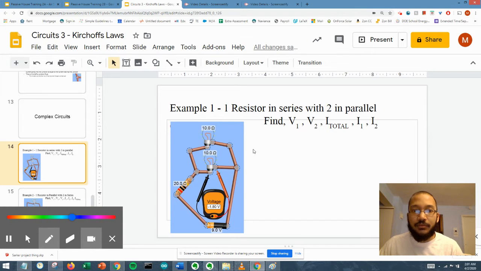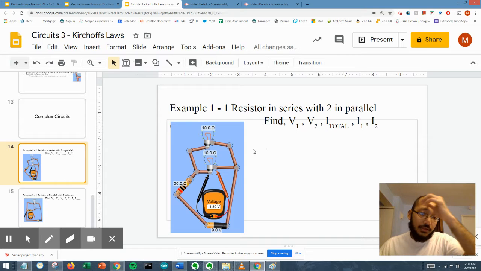I'm going to start off with the loop rule. So this one is Vt. This one is V1. This is V2. And then this is V3. So the loop rule is going to be plus Vt minus V1 minus V2, and that's equal to 0.